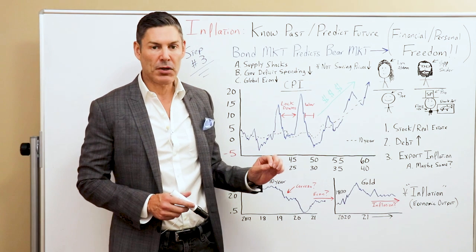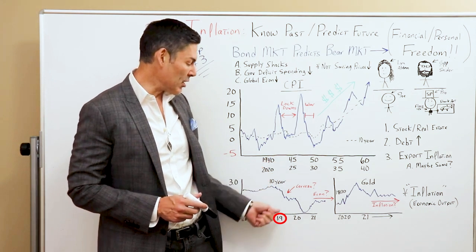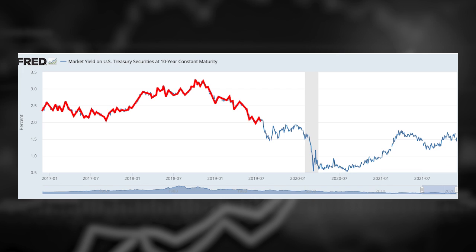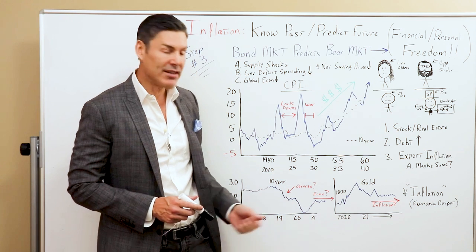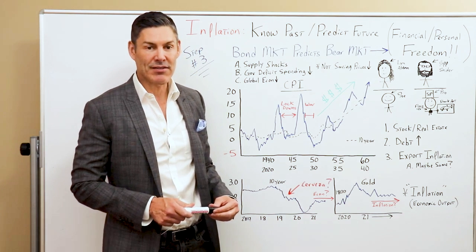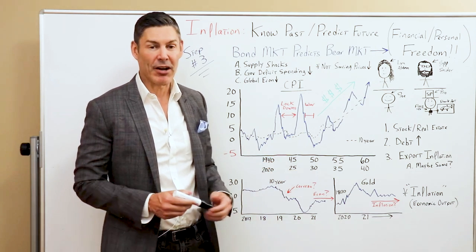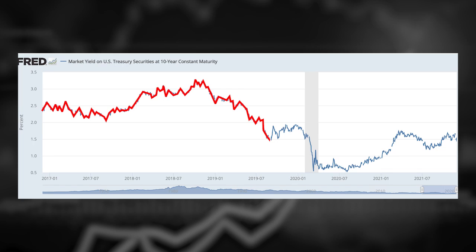If my memory serves me correctly, around 2019, the yield curve actually inverted, which is a huge sign of recession. Was this predicting the cerveza sickness? I don't know. I'll let you be the judge, but we definitely had that recession in 2020.